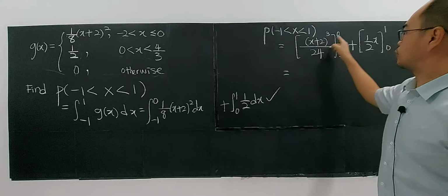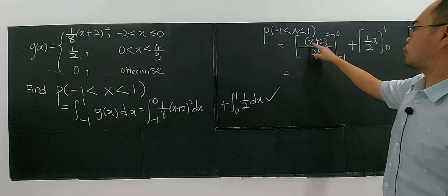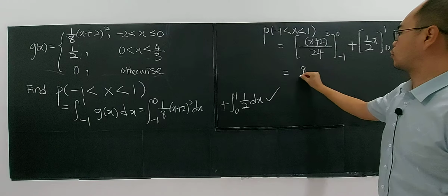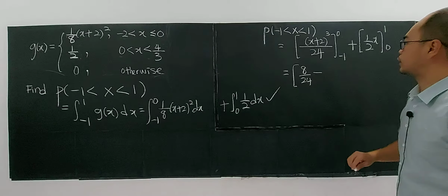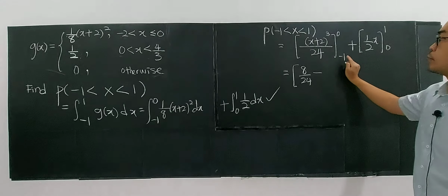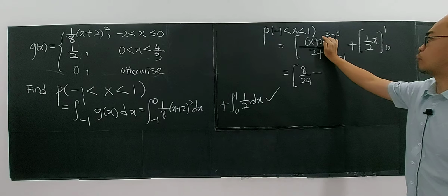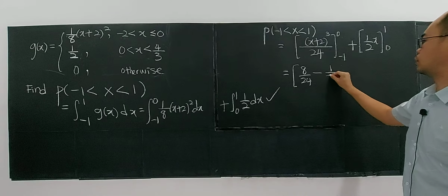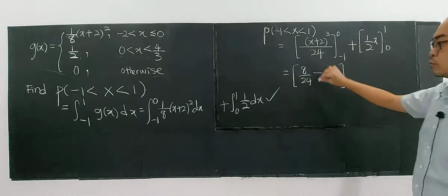So you just substitute the values. The upper value 0: 0 plus 2, 2 to the power of 3, 8 over 24, minus the lower value negative 1: negative 1 plus 2 is 1, so you get 1 over 24. You evaluate this integral, then this is what you get.